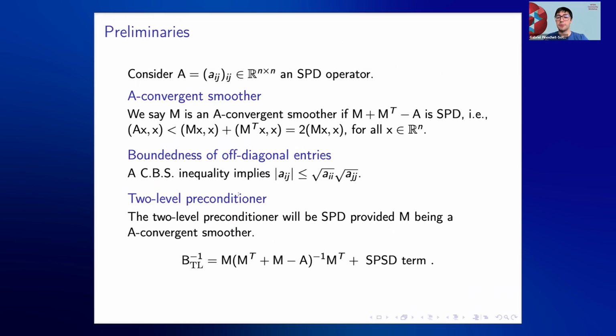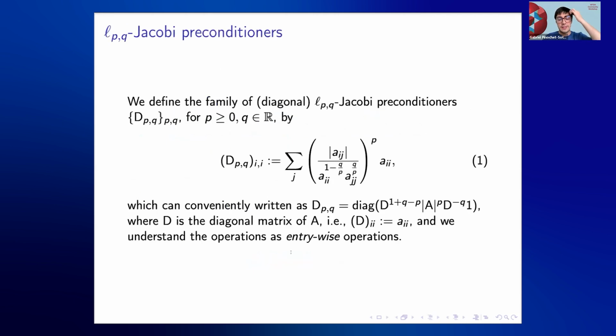We would like to see if they are convergent or not. And that convergence is related again to this term, M plus M transpose minus A. So the two-level preconditioner matrix is going to be symmetric positive definite if M, the smoother, is A-convergent.